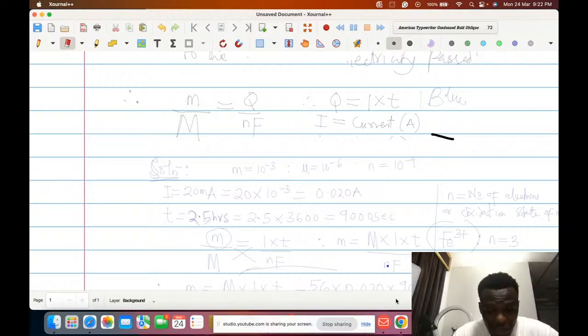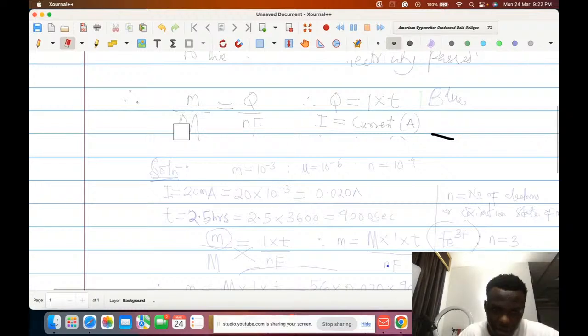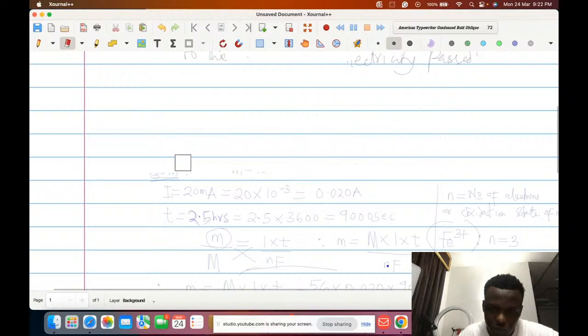I gave us a direct formula, right? There was no need to solve it the long process, but I thought let me just give you guys a short form. What we did here is that 22.4 is basically the volume at STP.